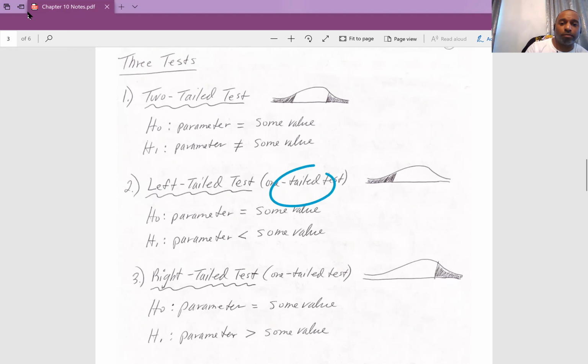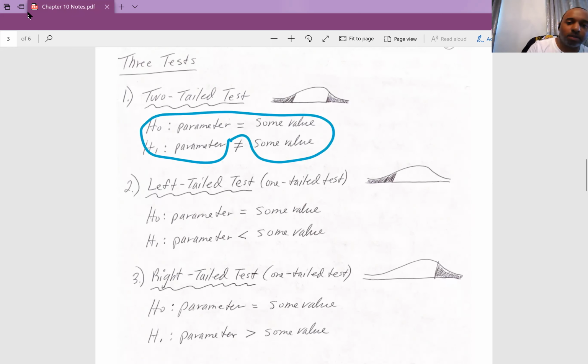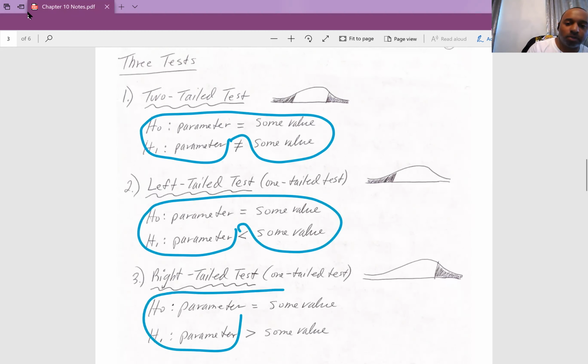Left-tailed and right-tailed are both one-tailed tests. But what I want you to recognize is that all of these are the same in setup and everything, except for one thing. Notice here, this is all the same. Here, this is all the same. And then here, this is all the same. The only thing that's different is this symbol.